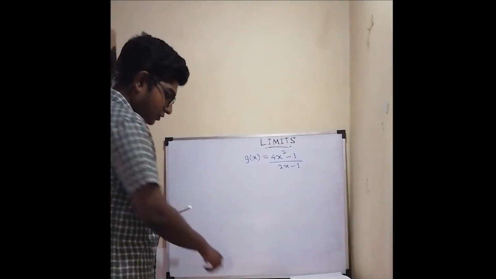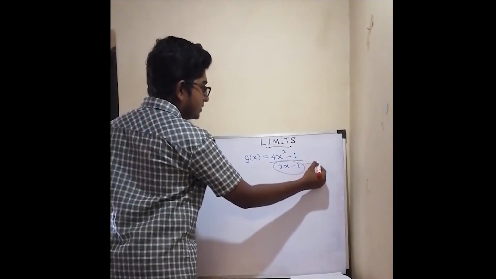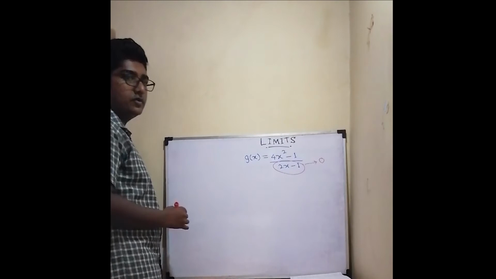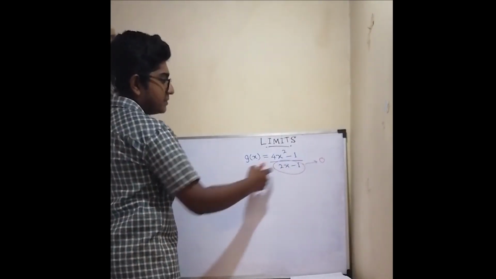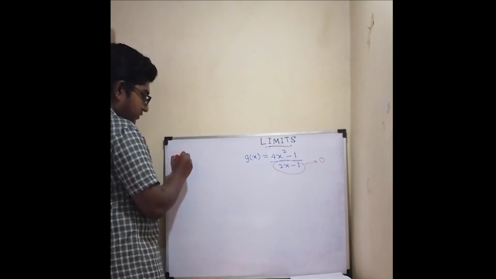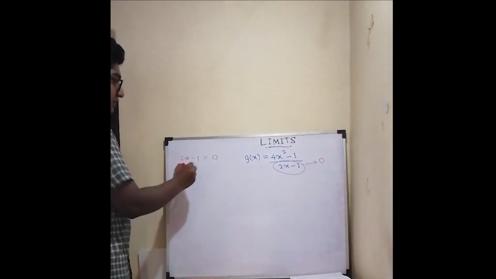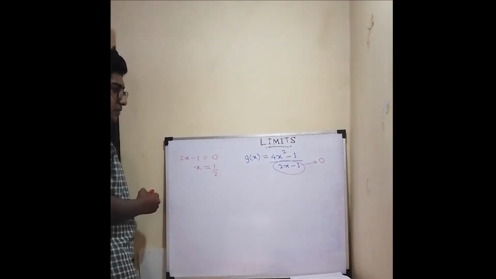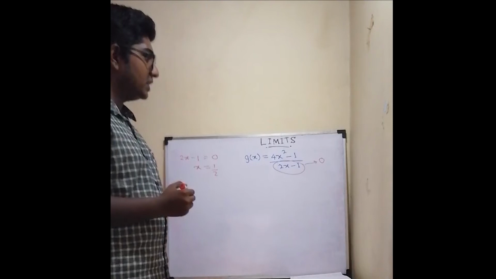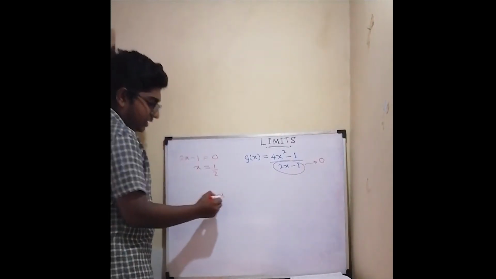How? Not defined means the denominator, this expression becomes 0. When x equals half, this expression becomes 0. For that I can equate the denominator to 0 and find the value of x. It becomes half.